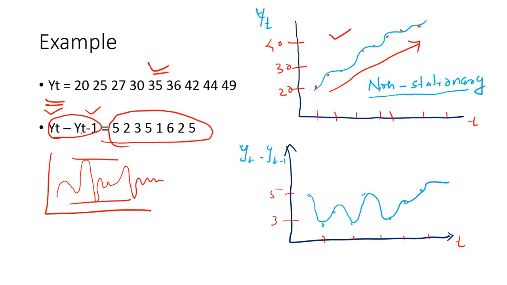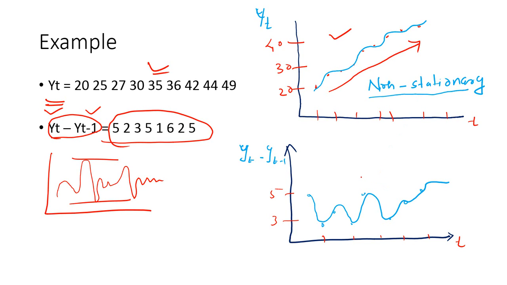Sometimes higher order differences will also be required for a series to be stationary. But one thing for sure is that when a series looks non-stationary, if you plot the difference between Y_t and Y_t minus 1, or maybe the second difference, then it will look close to stationary.